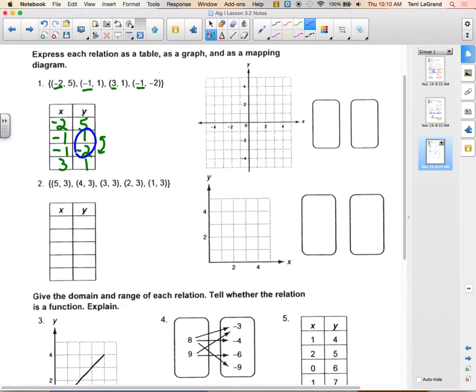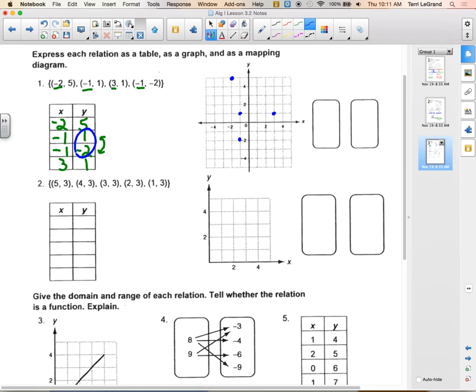Go ahead. You know how to graph, right? So graph your ordered pairs. When we graph, we go left or right through the x value, and then from there we go up or down doing the y values, correct?